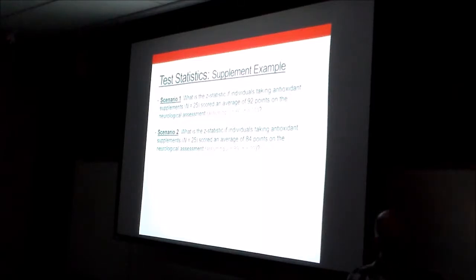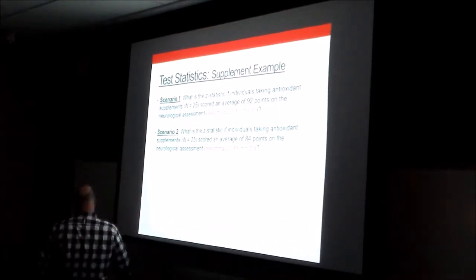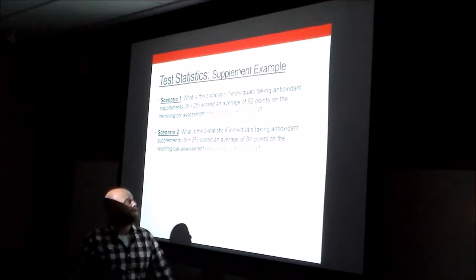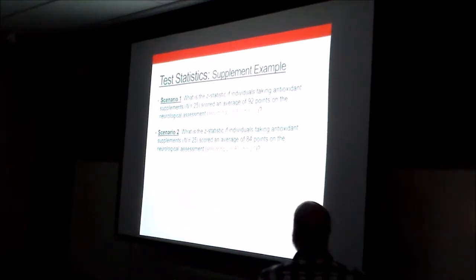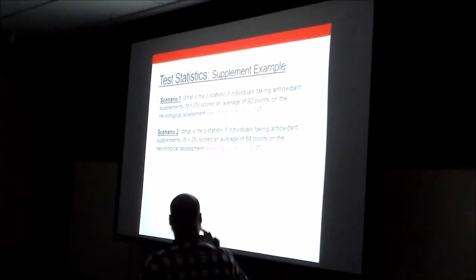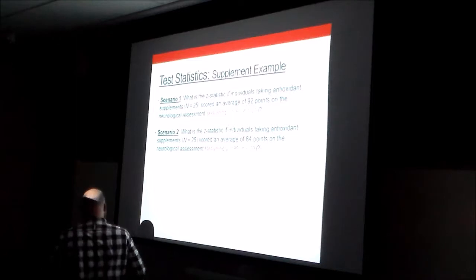Okay. So we're going to do a couple of examples here, using our Ginkgo things, right? So what we want to do is calculate a Z statistic. An individual taking antioxidant supplements, with a sample size of 25, scores an average of 92 points on the neurological assessment, right?